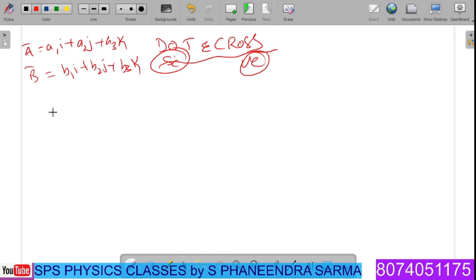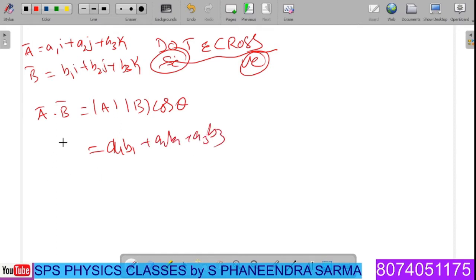Under this condition, a bar dot b bar is mathematically equal to modulus of a, modulus of b, cos theta, or else this value will be equal to a1 b1 plus a2 b2 plus a3 b3. This is the definition and this is the mathematical equation.